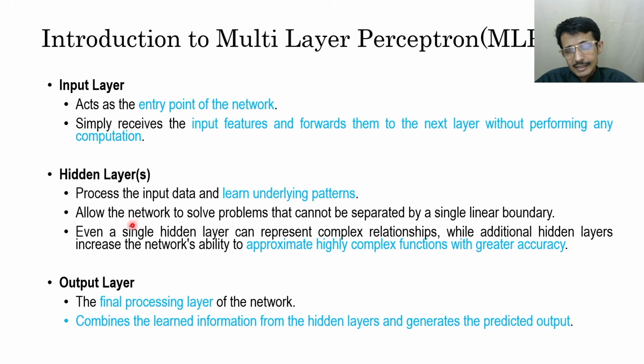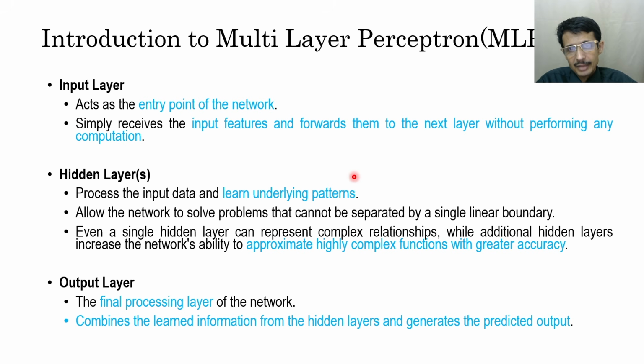So these hidden layers allow the network to solve problems that cannot be separated linearly, which we have already seen in the case of a single-layer perceptron. Even a single hidden layer can represent complex relationships, while additional hidden layers increase the network's ability to approximate highly complex functional data.